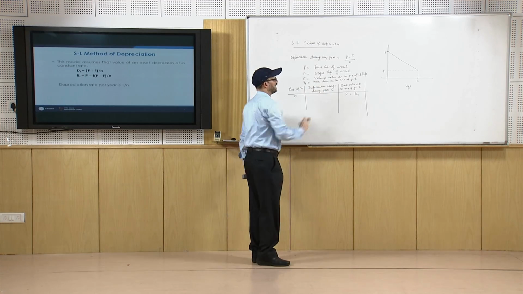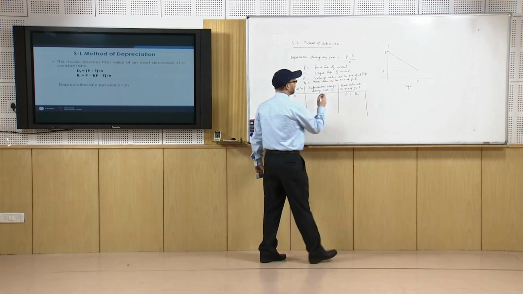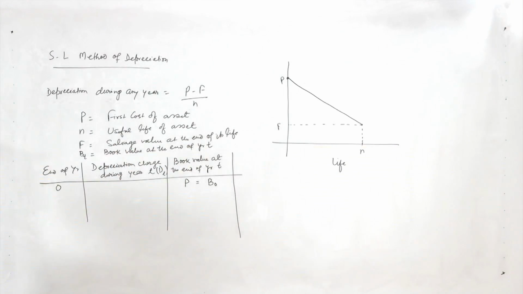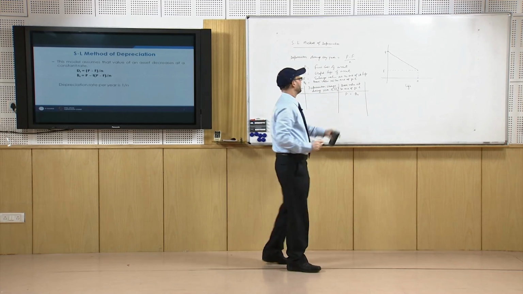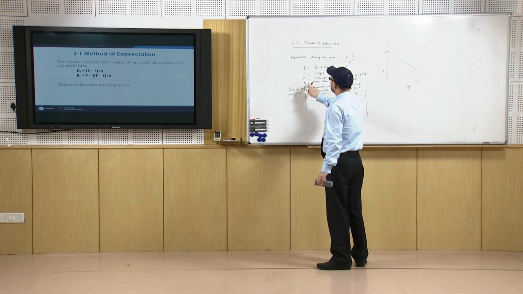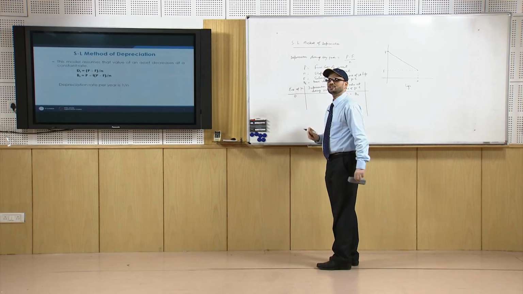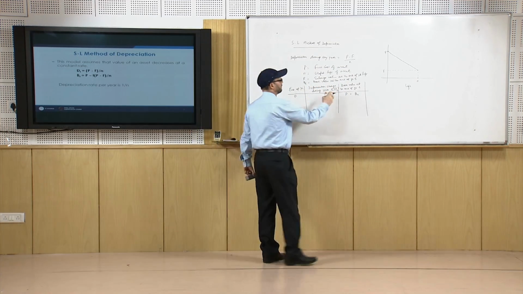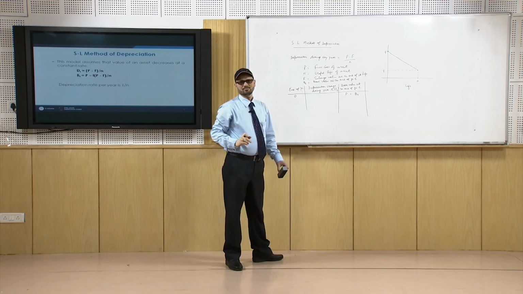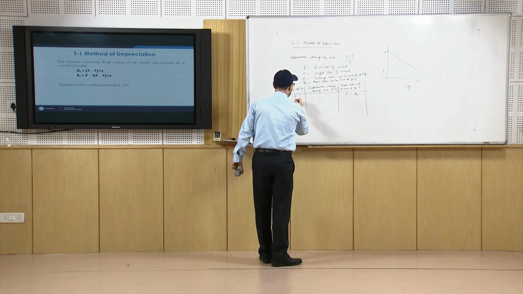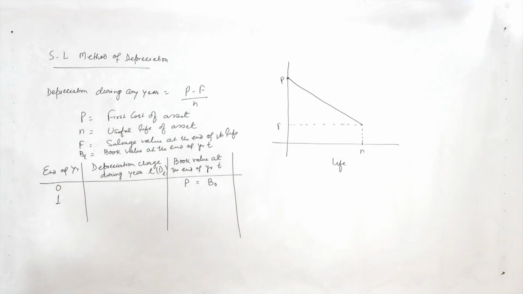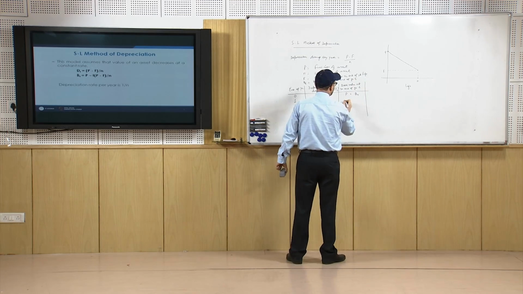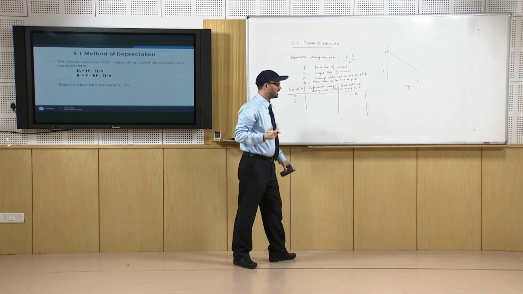Now, depreciation charge during year t will be denoted as d subscript t, and book value at the end of year t we have already noted as B t. So, at the end of year 0, meaning presently, the value is P, that is B naught. Now, at the end of the first year the depreciation is to be calculated.